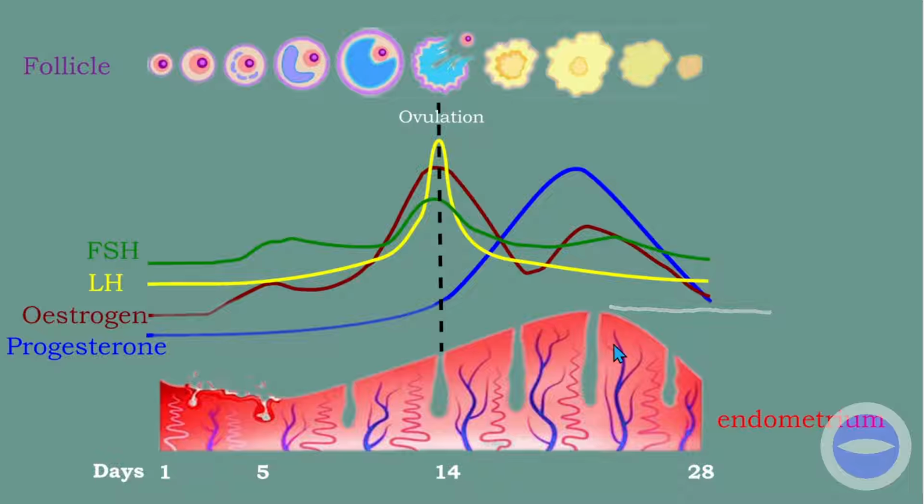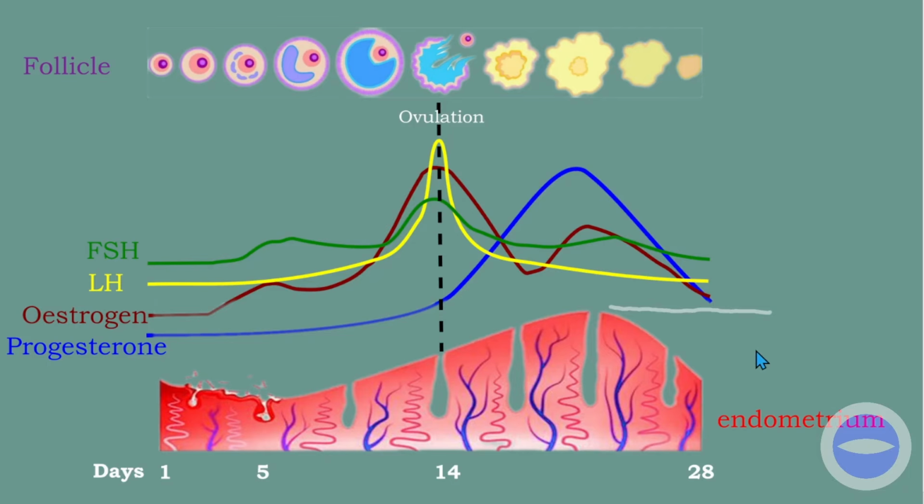If fertilization has taken place and the corpus luteum does not shrink, it will remain like this until there is implantation of the zygote. So this is how the hormones work during the menstrual cycle.